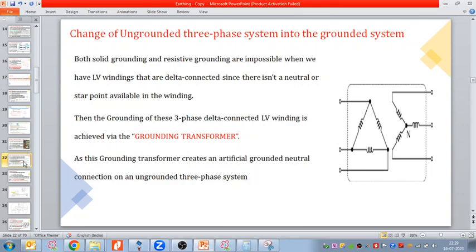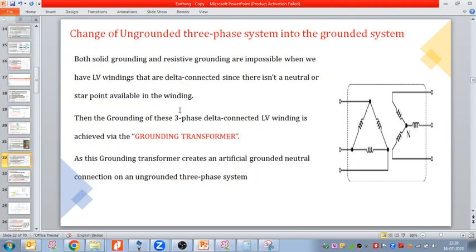Here, if you see, this is delta and this is star. Here we have the star, so here we have the neutral. But if this is delta connected towards the LV side, towards the secondary side, the distribution side of the transformer, then both solid grounding and resistance grounding are impossible, since there is no neutral or star point available in the winding.